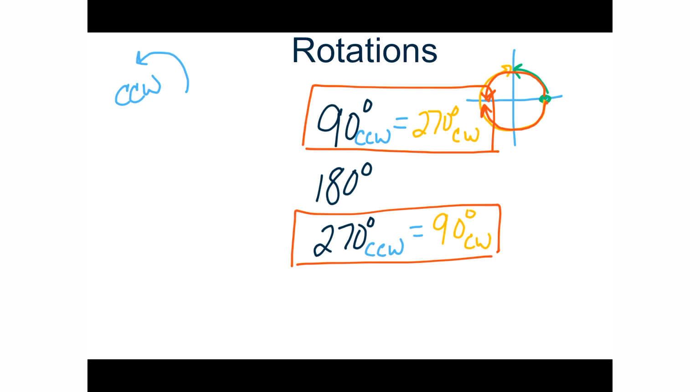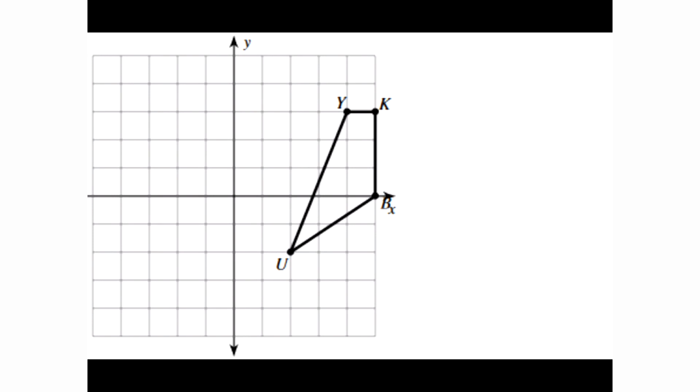Okay, so let's take a look at a particular rotation. Here I have a polygon on the coordinate grid, and we need to rotate this particular image 90 degrees about the origin. So the origin here is going to be my fixed point of rotation.